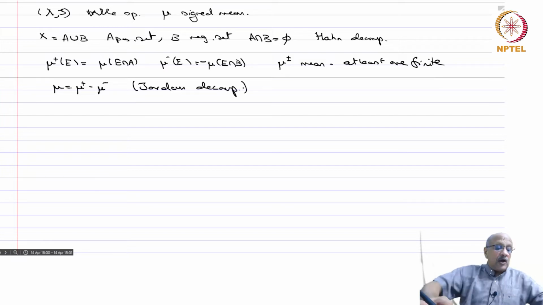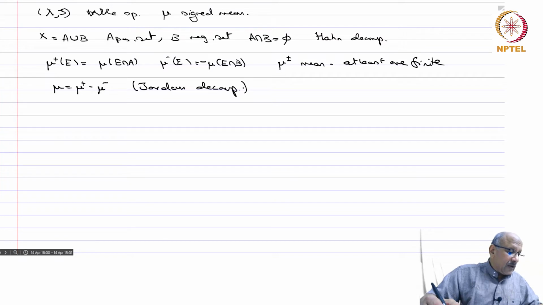So the Hahn decomposition may not be unique, but the Jordan decomposition is unique, and we saw examples of these things.